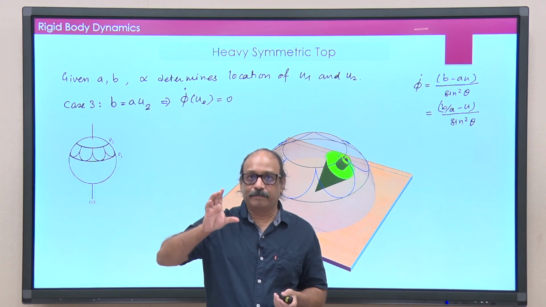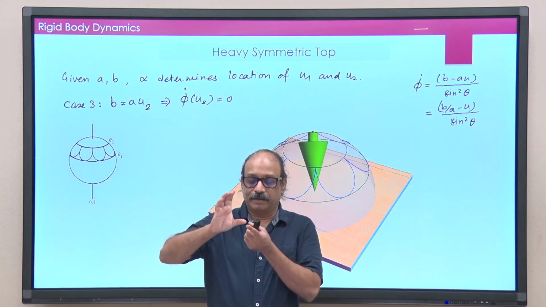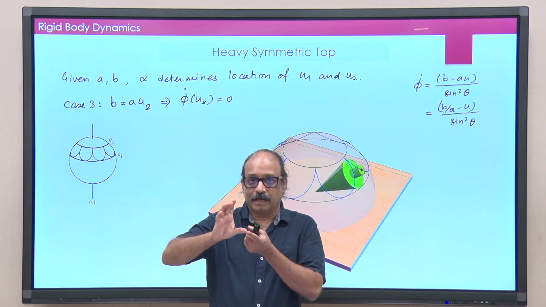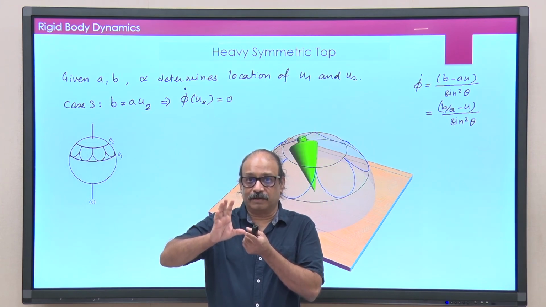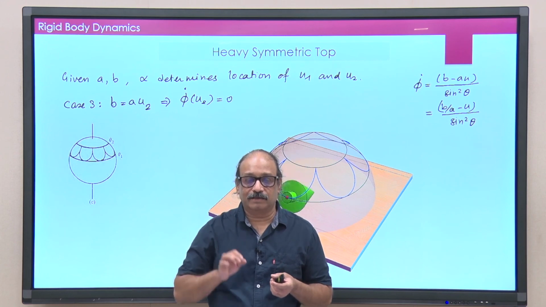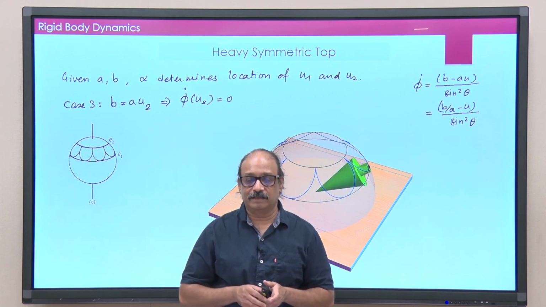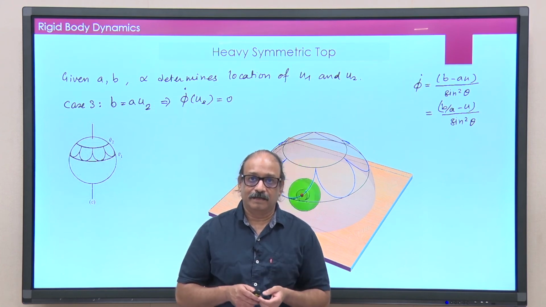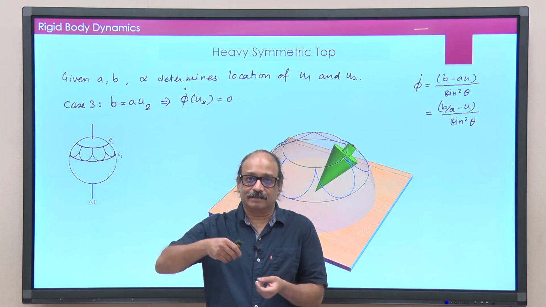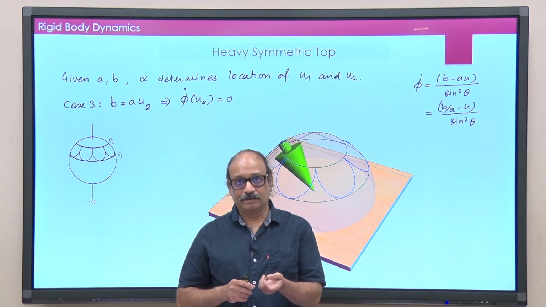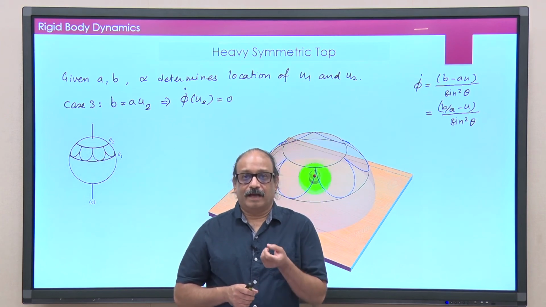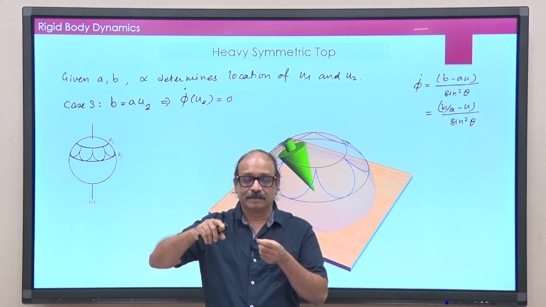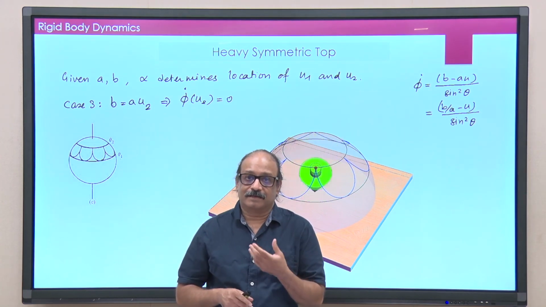So, you take a top, it is spinning, you simply slowly rest it on the fixed point and just let go, because you are letting go, your phi dot and theta dot both are 0, that sets your initial condition. But what happens in the real world is basically it is losing its energy through the friction at the contact point, and if it is losing energy, by the time it comes to the second cusp, the initial conditions have changed.